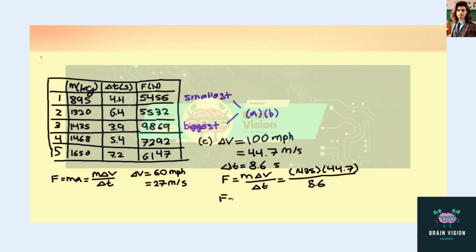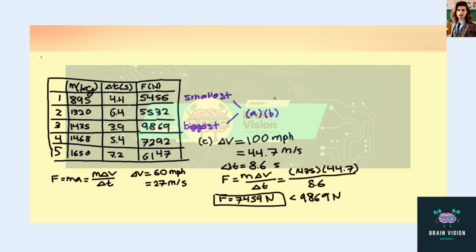So numerically, we get an average force of 7,459 newtons. And then this is smaller than the value in the table, which was almost 10,000 newtons. So this is smaller than the value we calculated earlier.